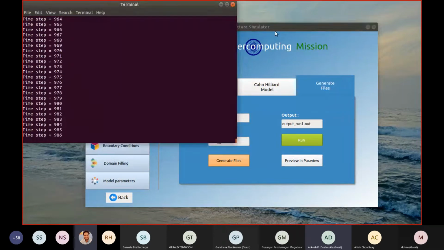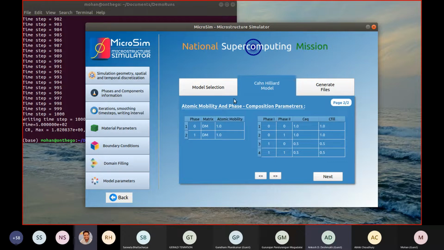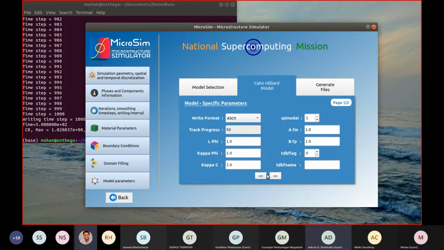I would like to go further down, where we can give the information through the TDB file. So in the Cahn-Hilliard model, we are going to give the TDB file where the TDB flags are enabled.